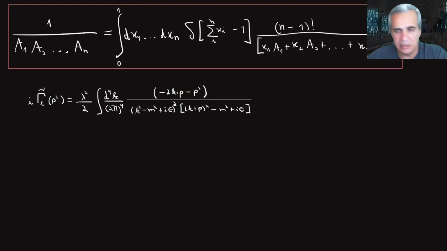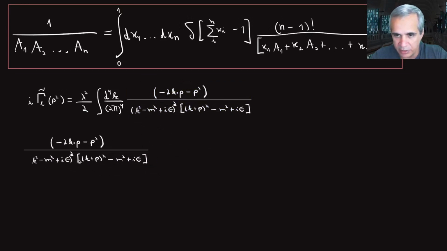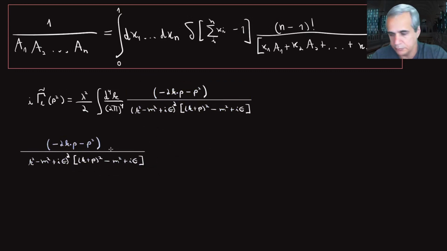So what I need to use here is that one with a p square, right? Just call this guy a, this one b, right? And then I can rewrite this denominator. Let me separate just the denominator here. I can write this guy as an integral from 0 to 1 dx.